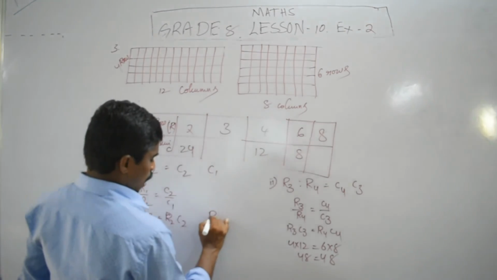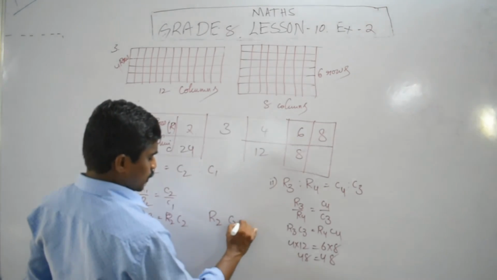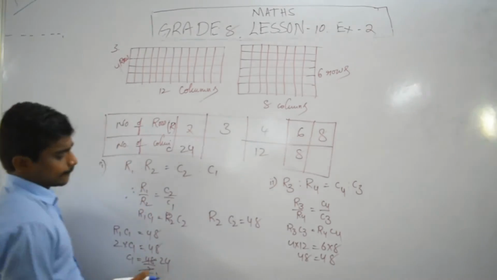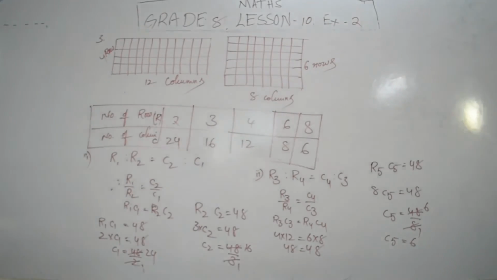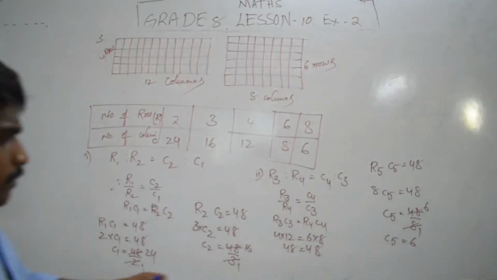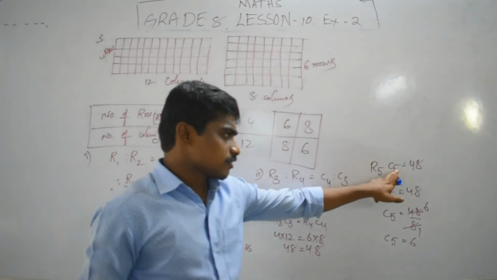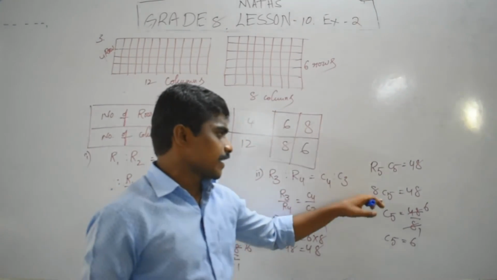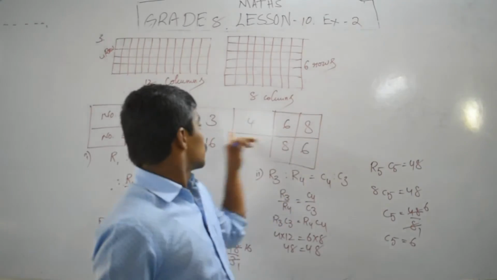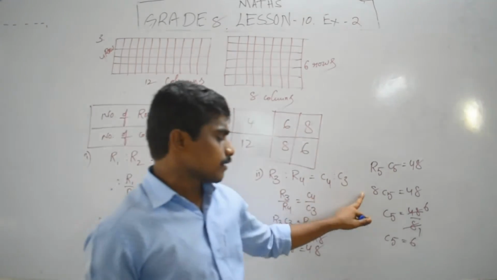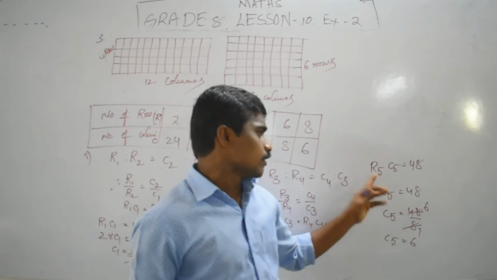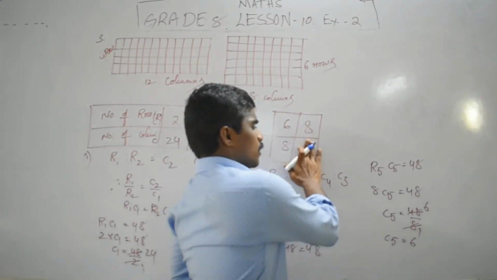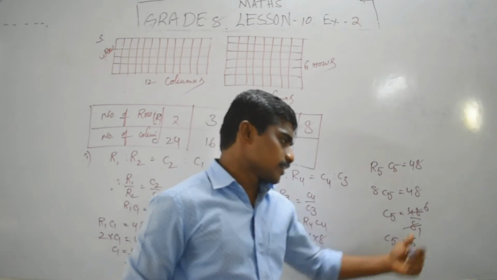Next one, R2 C2 equal to 48. Here C5 equal to 6. R5 C5 equal to 48. R5 is 8, C5 not given. So here 48, 8 moving this side.